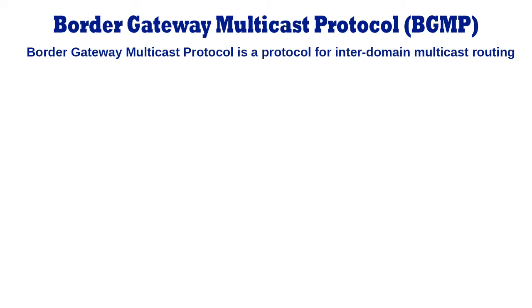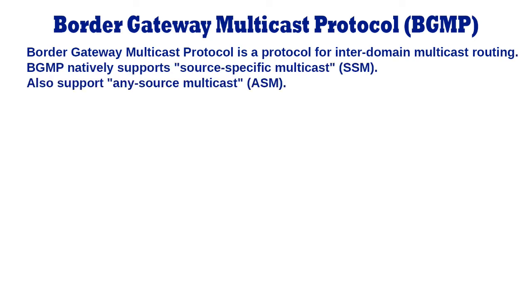BGMP builds shared trees for active multicast groups and optionally allows receiver domains to build source-specific interdomain distribution branches where needed. BGMP natively supports source-specific multicast, that is SSM.